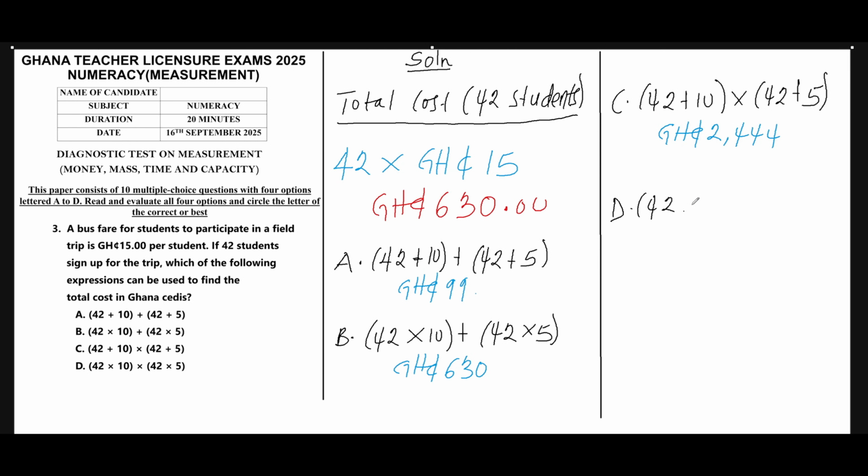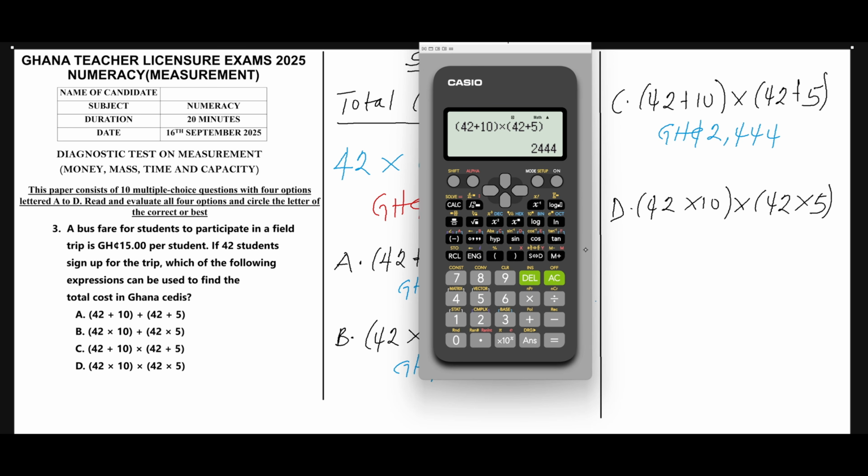42 multiplied by 10 multiplied by 42 multiplied by 5. We are changing every operation sign to multiplication. This one is already multiplication, so let's change the other to multiplication and see the result.